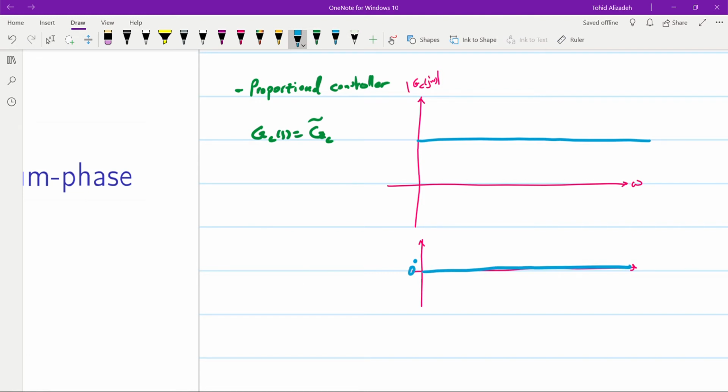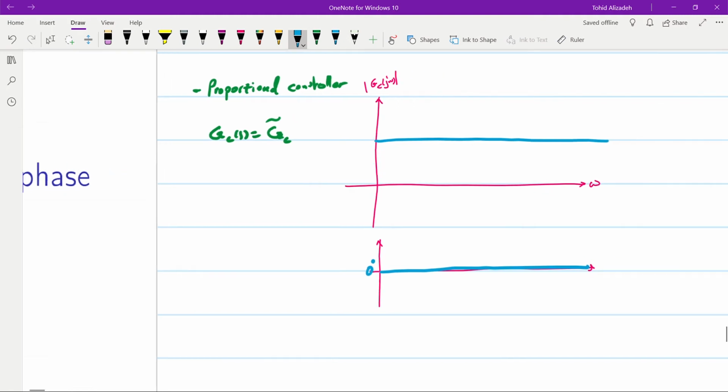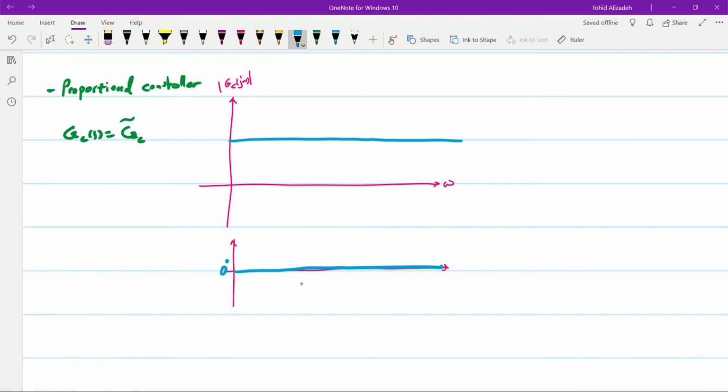And since for L of j omega we will combine the Bode plot coming from the GC and the GP, if we introduce this controller into our system, for L of j omega we will have the amplitude plot shifted upwards by this value, 20 logarithm of GC tilde.